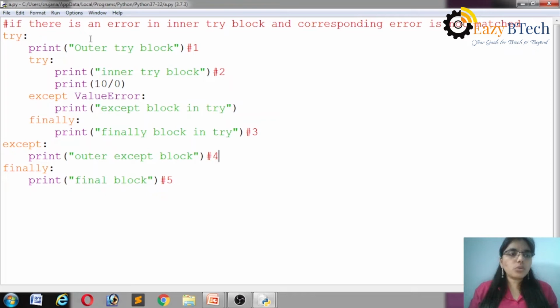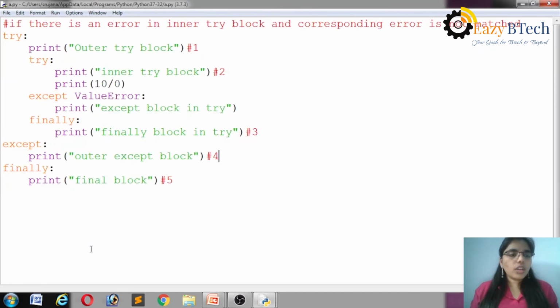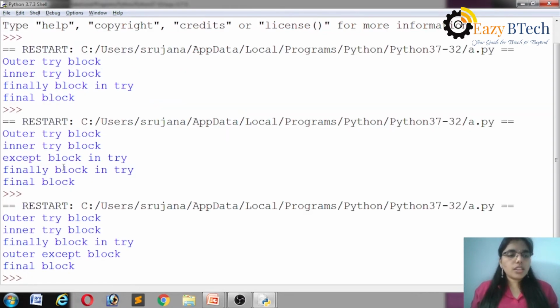It will come to the outer except block. But before it comes to the except block, the finally block is executed, that is nothing but 3. After that, the outer except block is executed, and the finally block is executed.